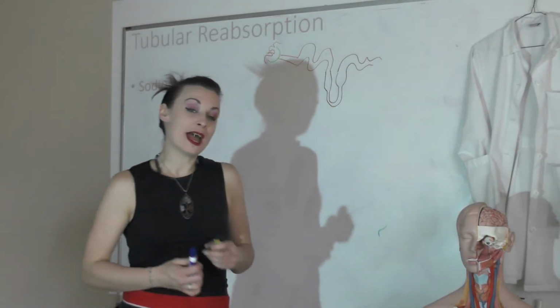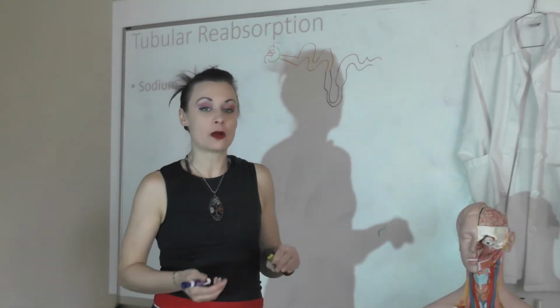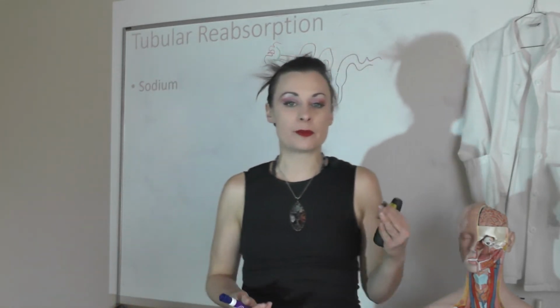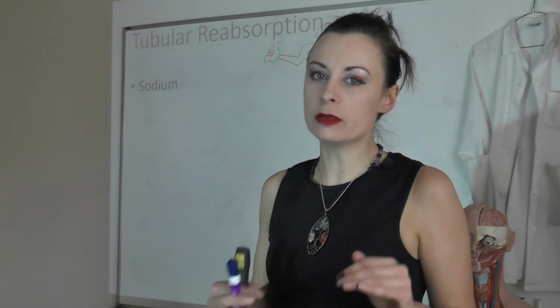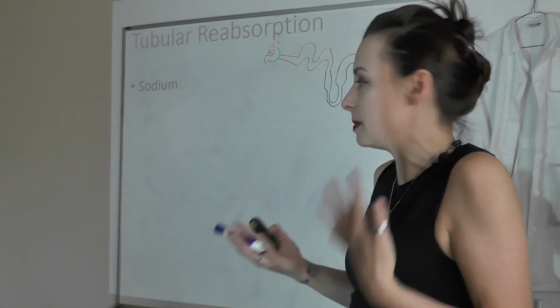All right, so the active transport of sodium is going to set up the gradient that's going to allow for secondary active transport of most of our substances to be reabsorbed.